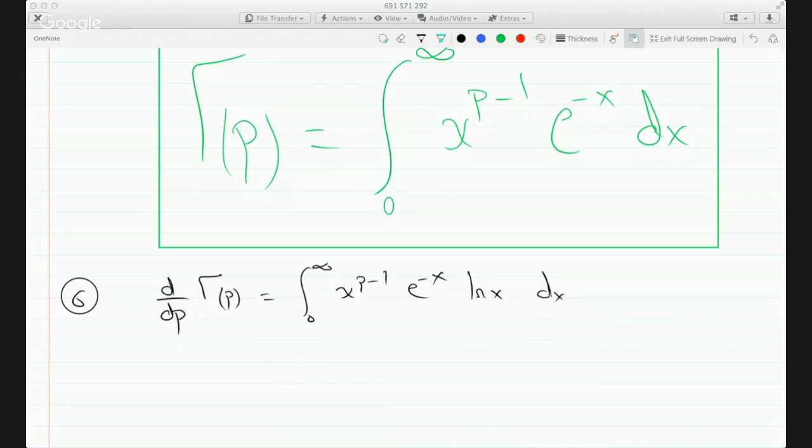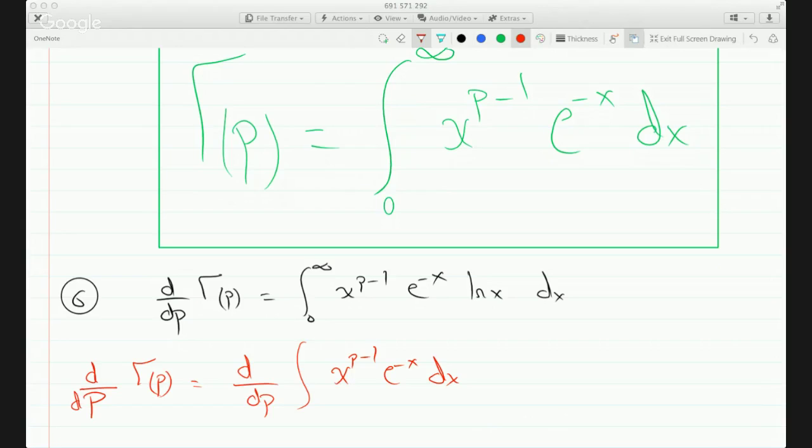Okay, all we have to do is take the derivative of the definition of the gamma function, the definition in green, with respect to p. So this is d over dp of the integral of x to the p minus 1 e to the minus x dx.